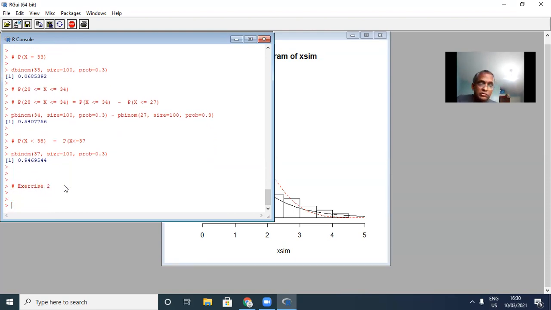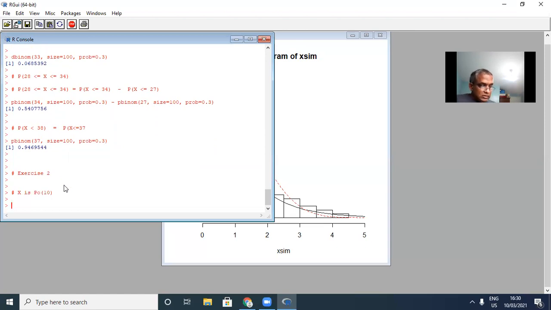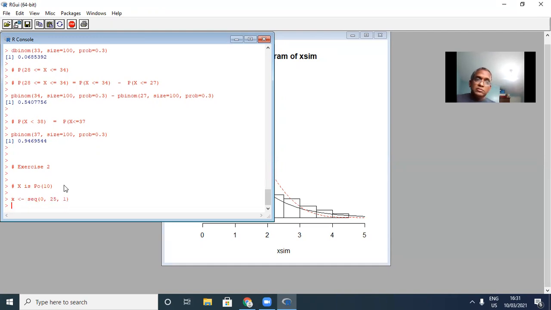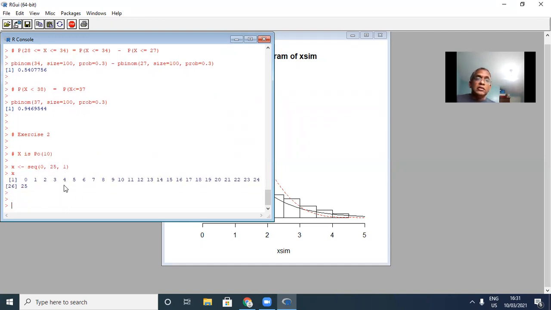In exercise 2, we have a Poisson distribution with parameter lambda equal to 10. The first thing we want to do is to plot the PMF of X over the range of values 0 to 25. To do that, I need to define the sequence 0 to 25 in steps of 1. So this is what you get.